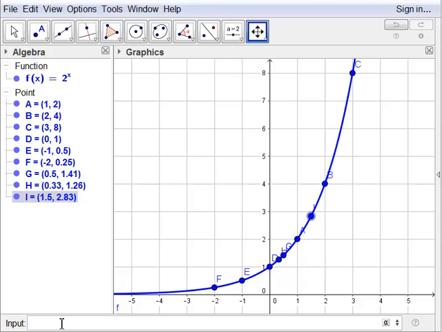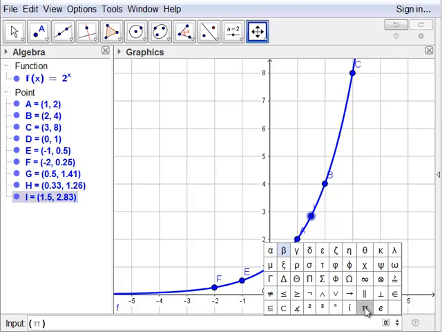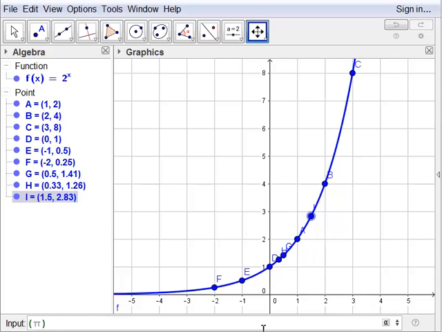So let's see where 2 to the pi is. I'm going to take my x value, so 2 to the pi, okay? The x value is going to be pi, so I go Alt-P, by the way. I could use this little thing over here and select pi, but Alt-P would also do it. And then I'm going to write comma, and then 2 raised to the Alt-P.